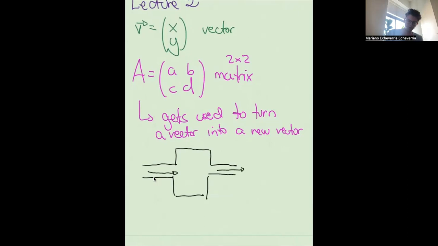The input that you feed to the machine is this vector xy. As I said yesterday, usually we'll keep the convention where the vectors are written vertically. You feed in the vector xy and let it run through this process. The process is the matrix A, B, C, D. And what this process spits out is a new vector.